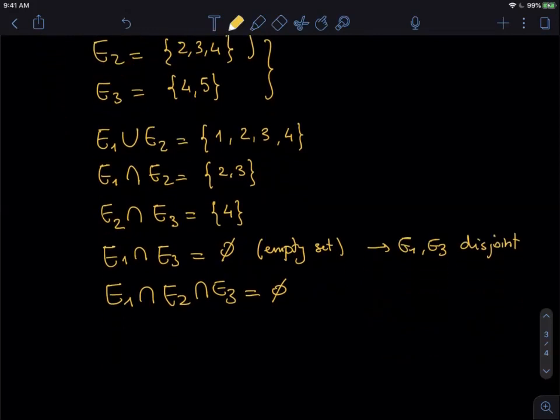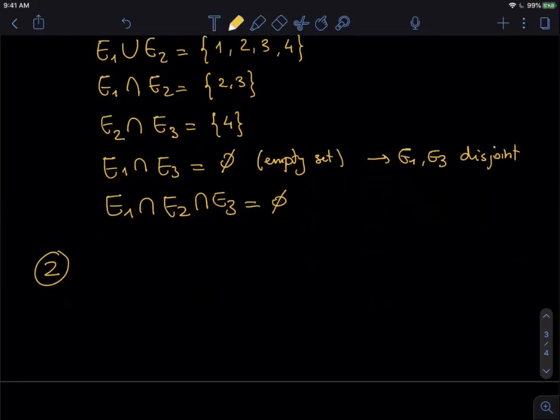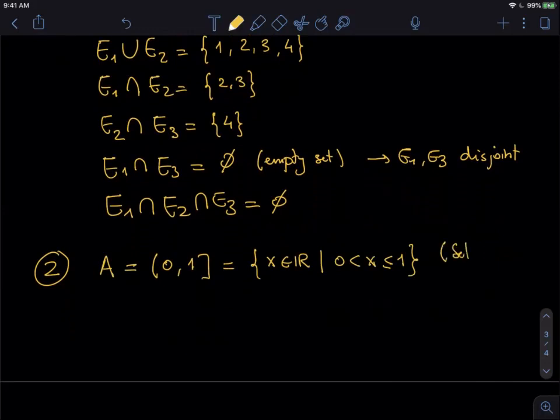Let's do one more example. Let's say we have the set A of any number that is between 0 and 1, where 0 is included and 1 is excluded. So this would be the real numbers x such that 0 is less than or equal to x, and x is less than 1. So this is the set of counters.